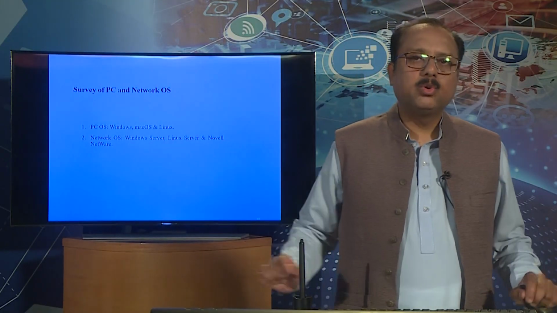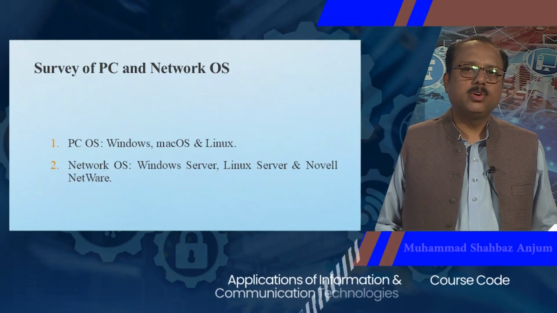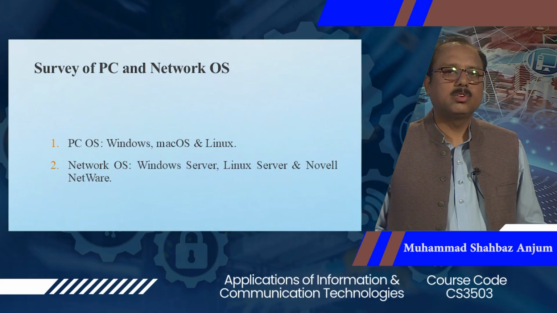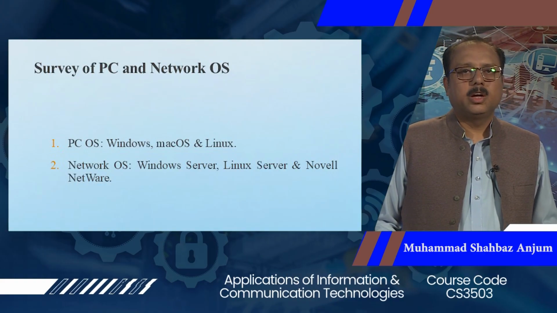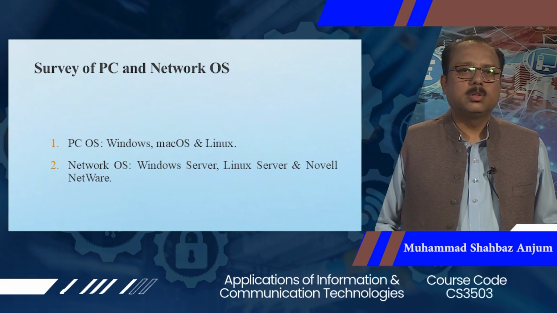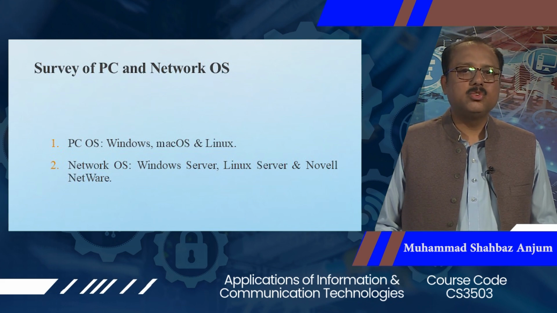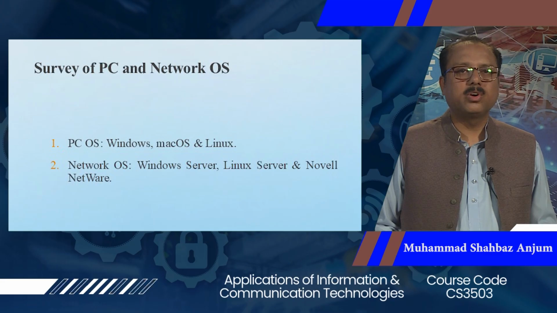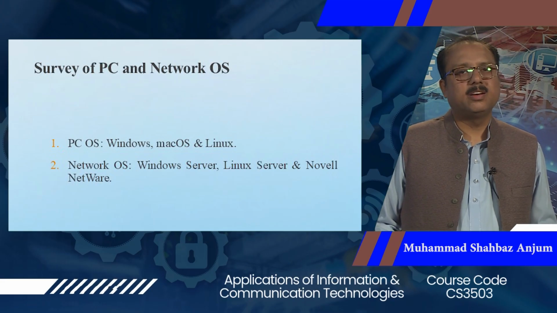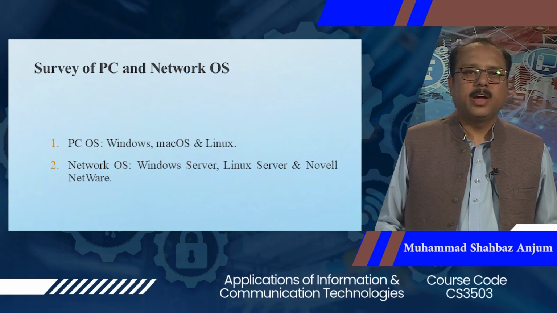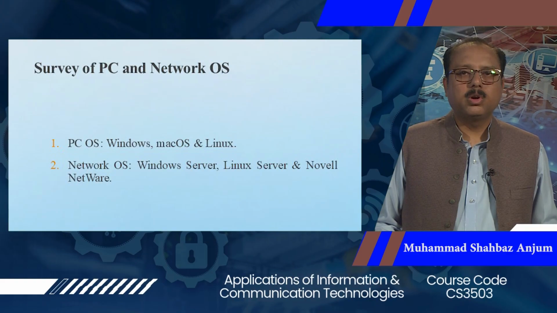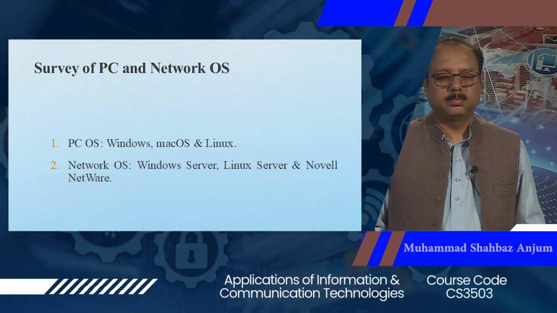For personal computers, Microsoft Windows is the most widely used operating system with strong GUI support. The Mac operating system is used on Apple computers, known for its seamless integration and design. And number three, Linux distributions such as Ubuntu, Fedora and Mint, open source and popular among developers.